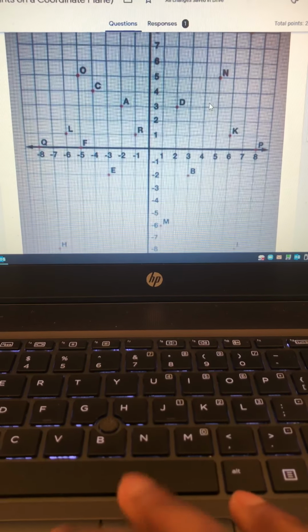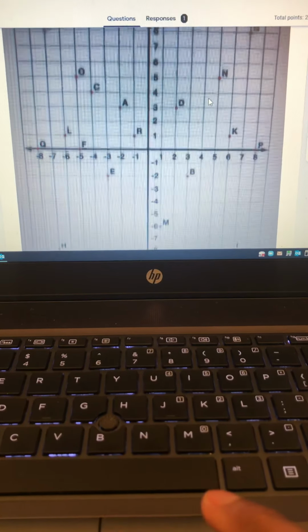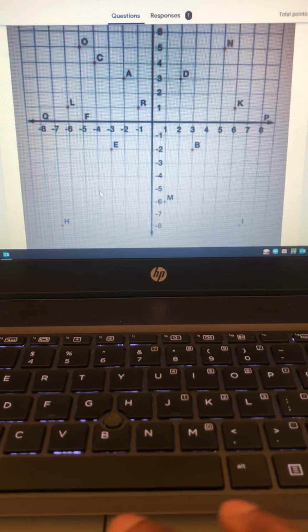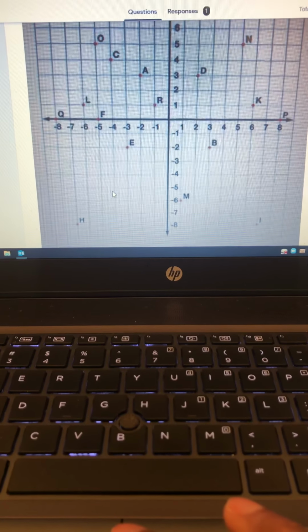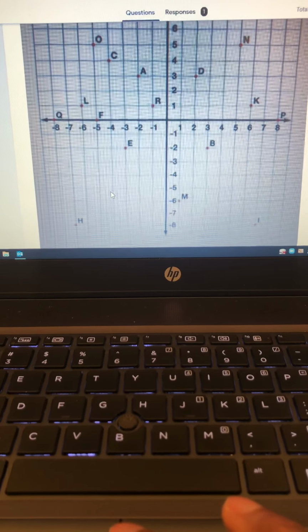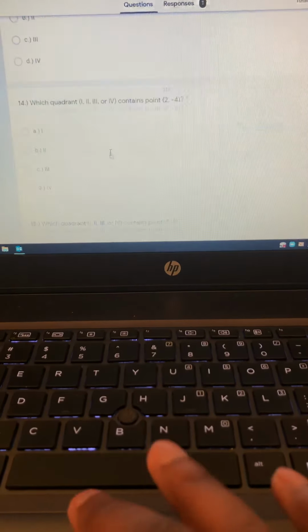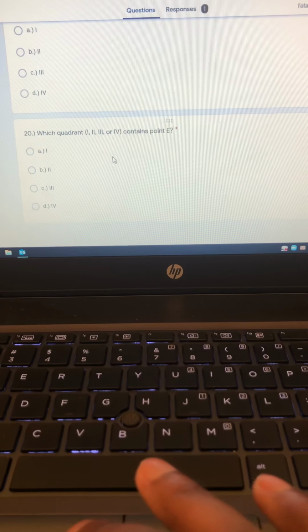And then number 20 is E. Where's E? Oh, right here. Okay, so E is over and then down, and that is quadrant 3. And that, ladies and gentlemen, marks us done. All right, that was easy.